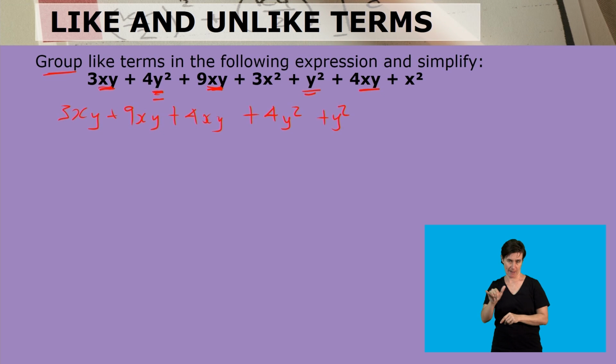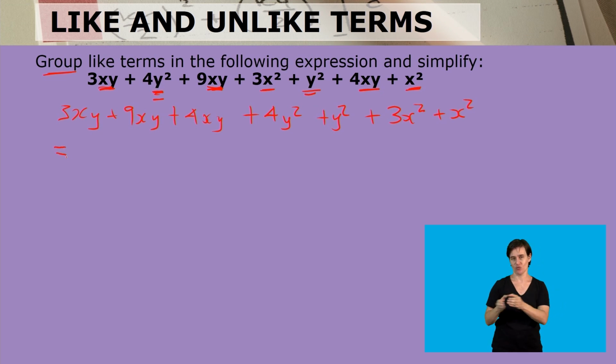Then I have remaining x squared and 3x squared. So looking at those two, that would be grouped together, 3x squared and x squared, because then all the x squareds are grouped together, the y squared are grouped together, and the xy's are grouped together.